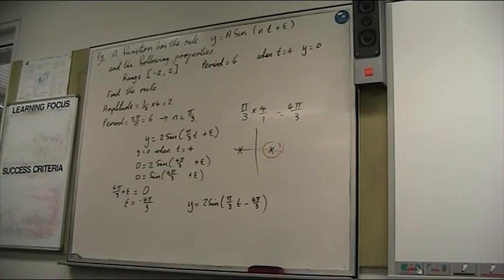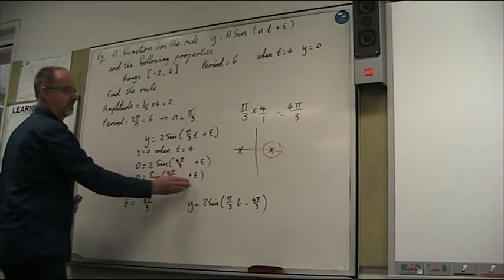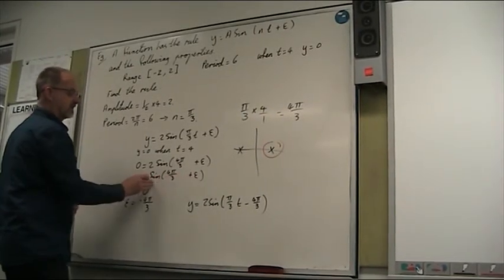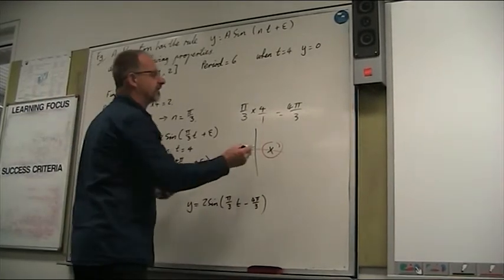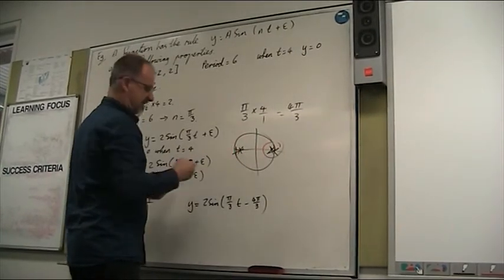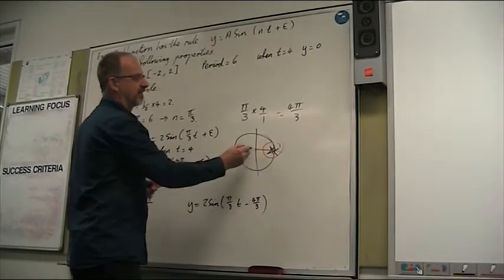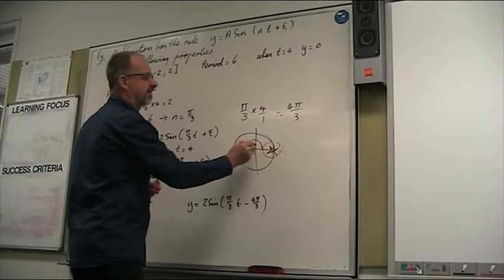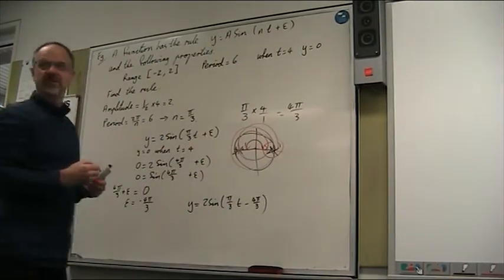We're looking for any angle where the sine of that angle is 0. If we go to our unit circle, sine is 0 there and here. So we could have 0, pi, 2 pi, 3 pi, and so on and so on.